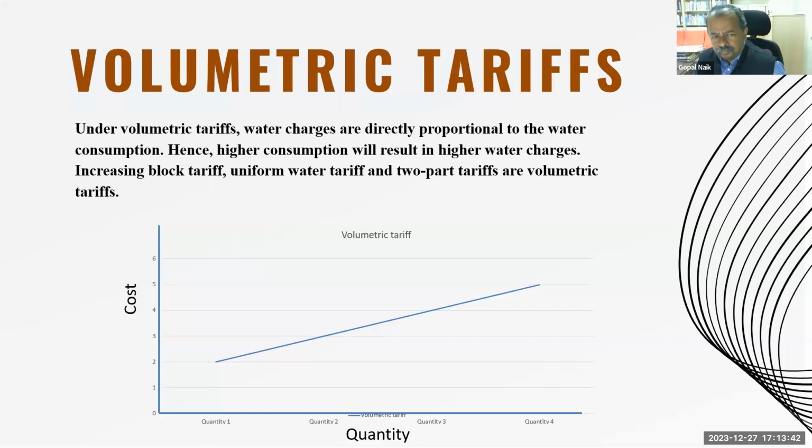So this is an approach which could be used as you have a more developed system. Of course, volumetric pricing will also allow you to go for 24/7 water supply. Since it's volumetric pricing, even if you make it available 24/7, people will use water judiciously, and therefore it will work.